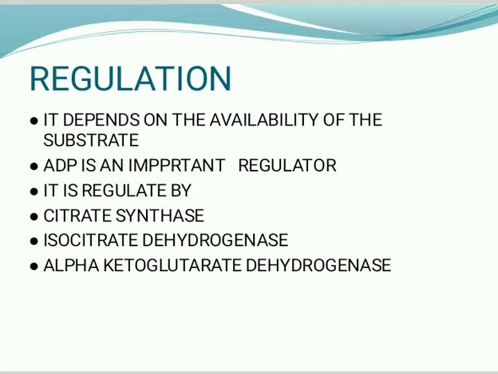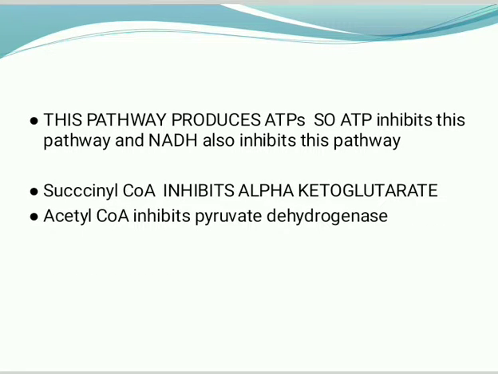Then there is the regulation, which depends on the availability of the substrate. ATP is an important regulator. It is regulated by citrate synthase, isocitrate dehydrogenase, and alpha ketoglutarate dehydrogenase. This pathway produces ATP, so ATP inhibits this pathway.